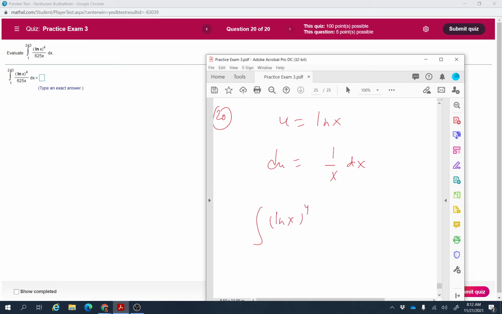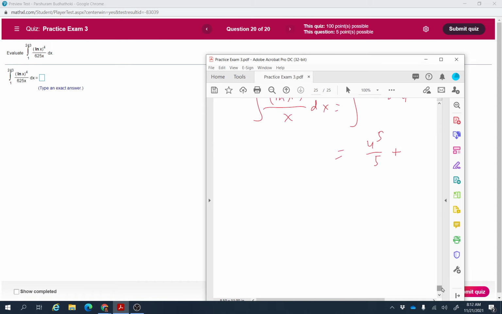This problem can be changed to u to the power 4, because ln x is u, and 1 over x dx is du. So this is eventually u to the power 5 over 5 plus some constant, but we don't have to write down that constant because eventually we want the definite integral. So u means it's (ln x) to the power 5 over 5.